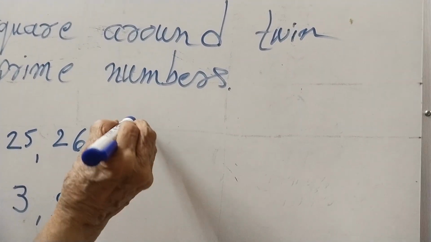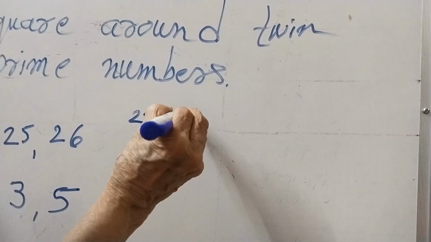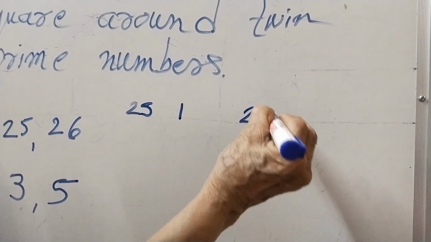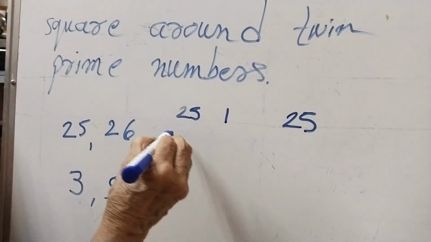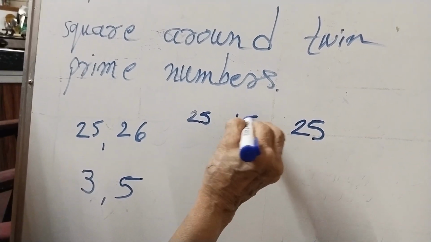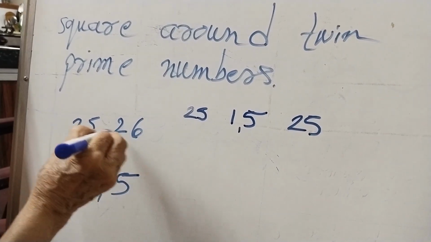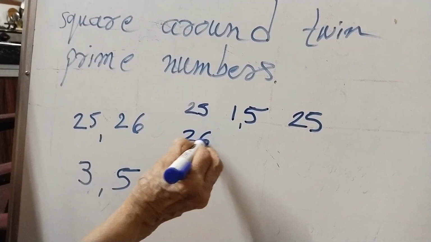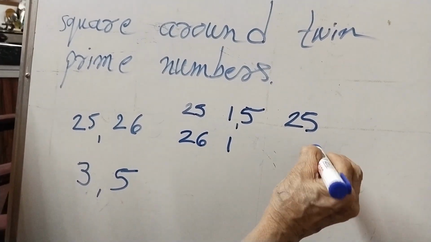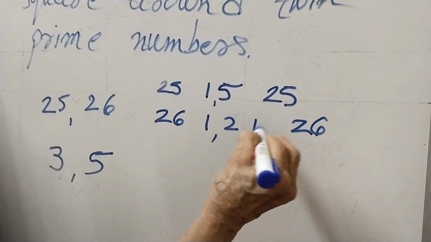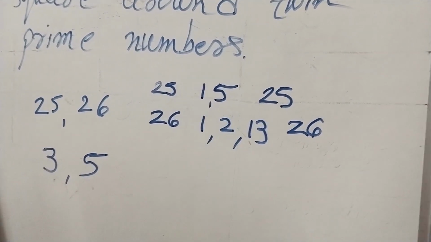For example, 25 has got 1 and 25. In between there are such factors as 5. Now 26 has got 1 and 26, here 2 and 13, because 13 2s are 26.